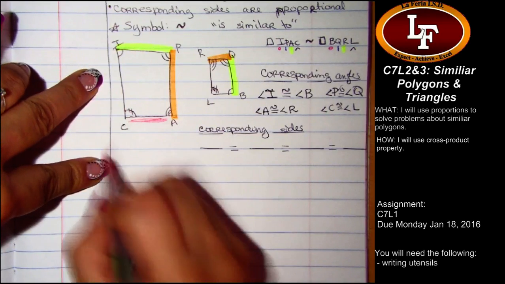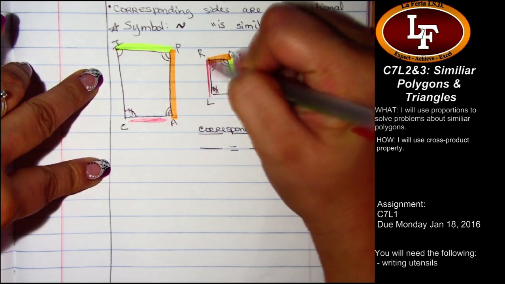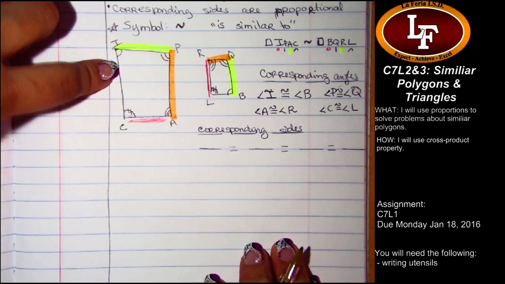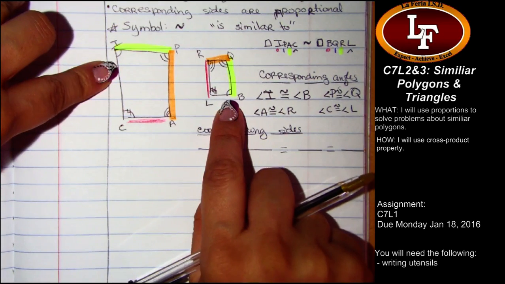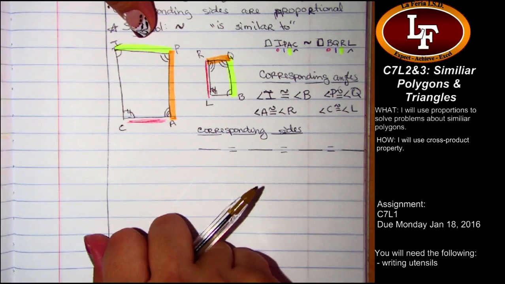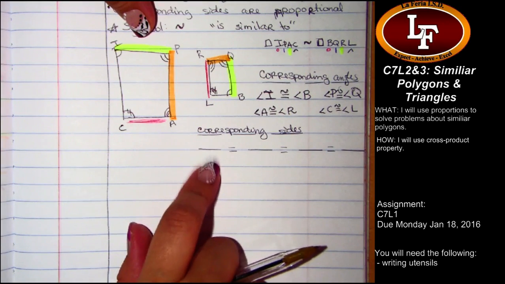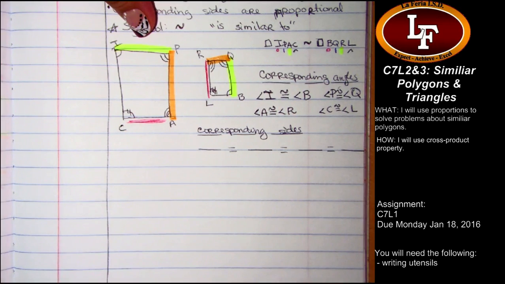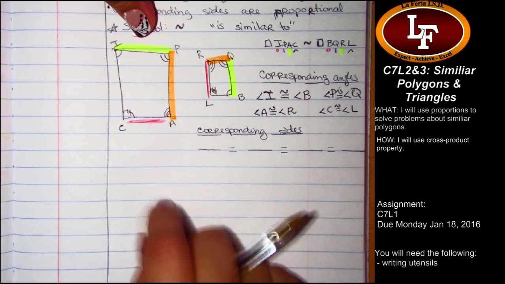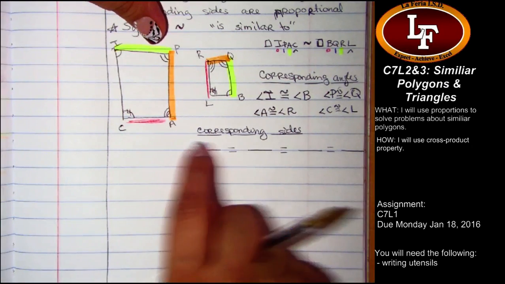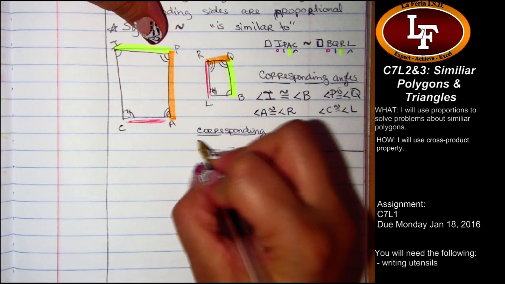The next side is CA. The next side is RL. And then the last side is CI, and over here will be LB. So we're going to go ahead and write that. Now, it doesn't matter which one you choose to be in the numerator for the first one, but once you've made a choice, you have to keep that choice throughout the rest of the problem. I'm going to put the figure on the left's information along all the numerators.